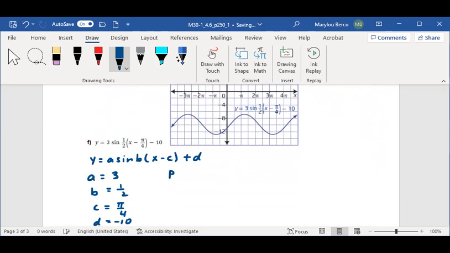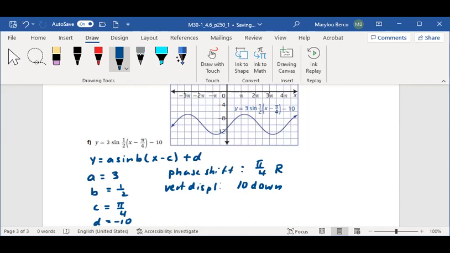So the phase shift is pi over 4 units right, and vertical displacement is 10 units down.